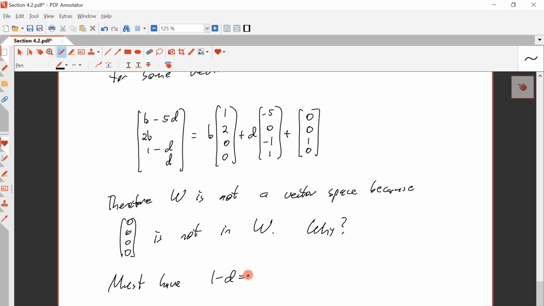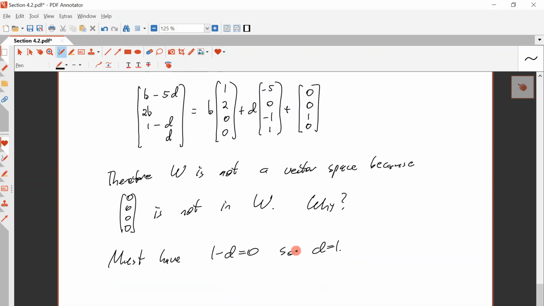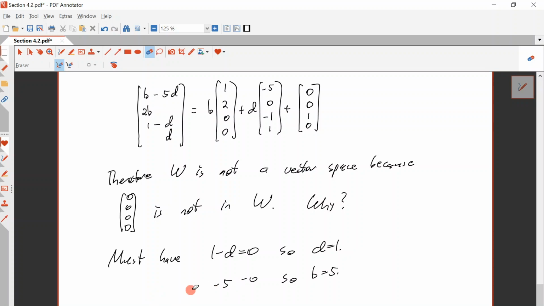the third row equal to 0, we must have 1 minus d equal to 0, so d is equal to 1.